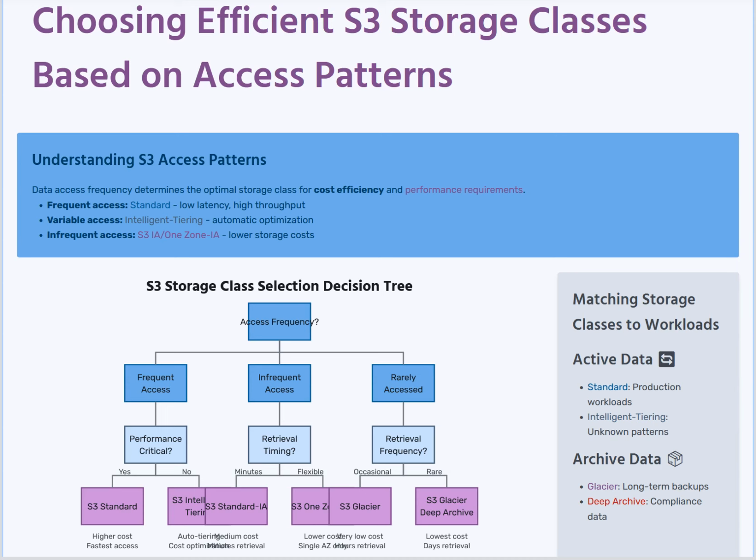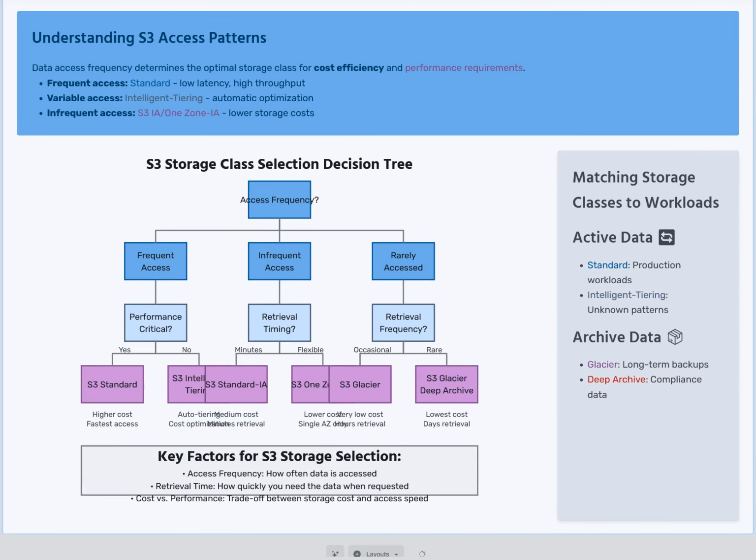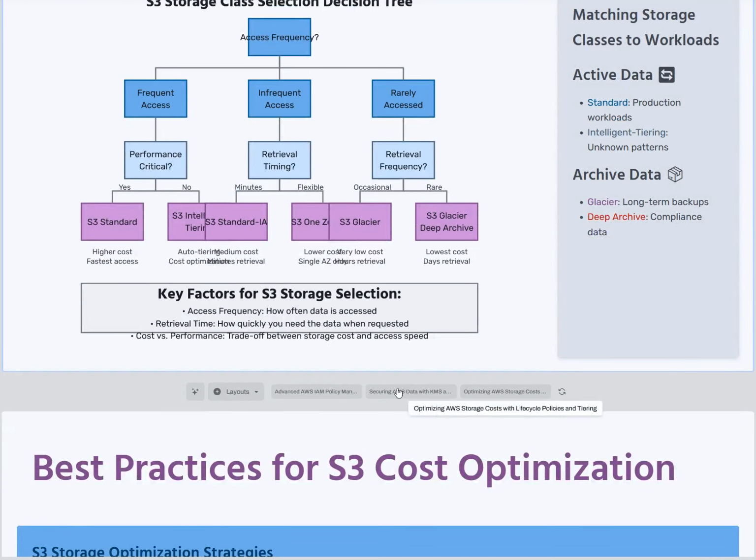Then you have infrequent access, S3 One Zone-IA, sorry, that's not archive, it's infrequent access, with lower storage cost. And the last one is Glacier, which we don't access very frequently, it's rarely accessed, right?